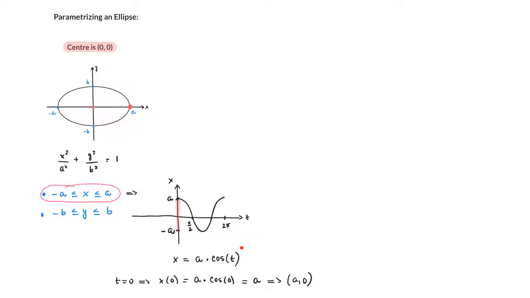So I think that this is definitely a great start. So I will begin here and I will say, all right, let x equals a times the cosine of t. And I think that one revolution is good enough. So t is going to be between 0 and 2 pi.